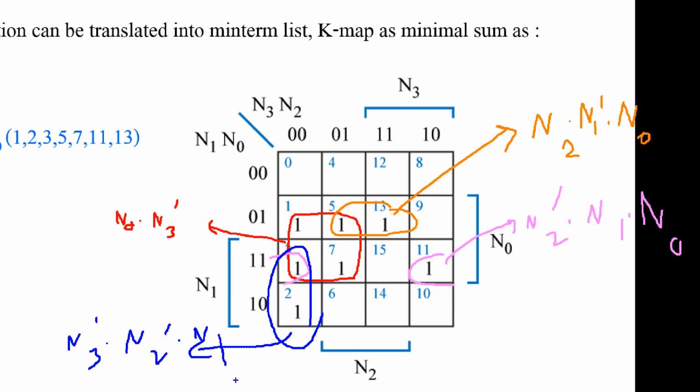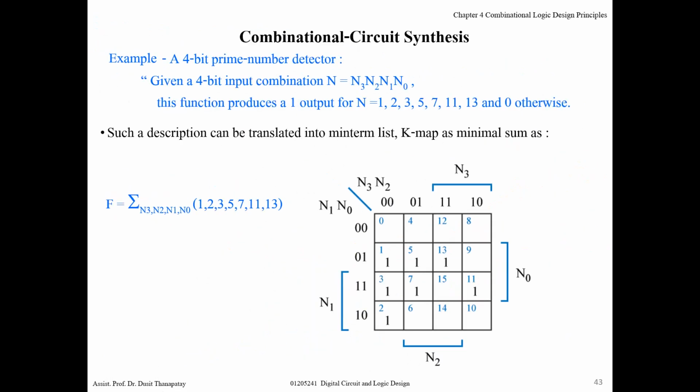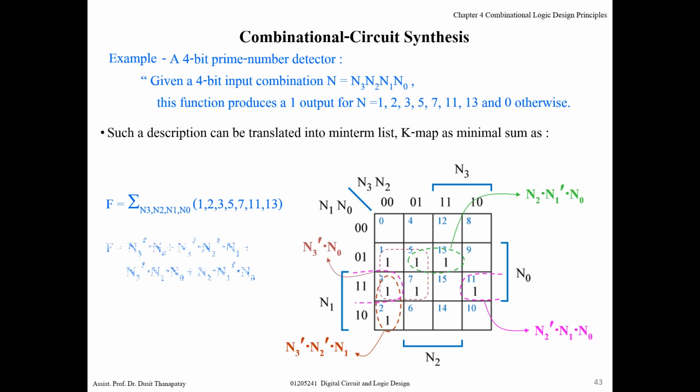And you sum these product terms, you will get the minimal sum of the function. The result is called minimal sum, namely, a form of sum of products with minimal terms, minimal variables.